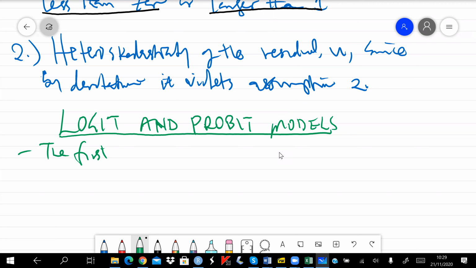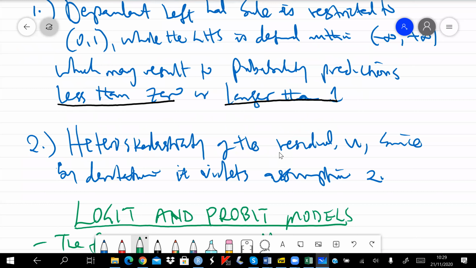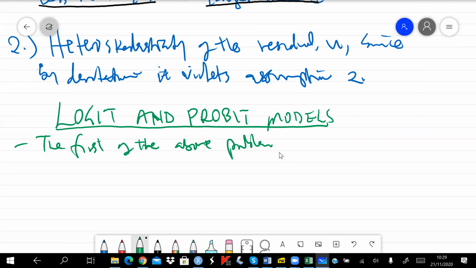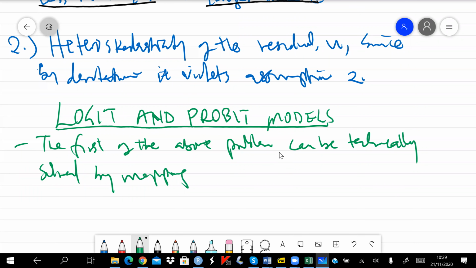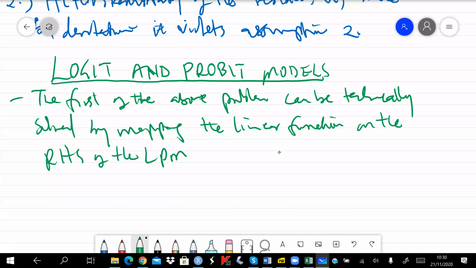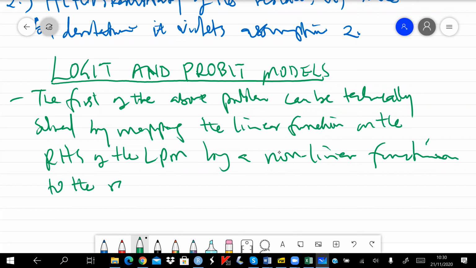We start by saying that the first of the above problems, that is number one here, can be technically and easily solved by mapping the linear function on the right hand side of the linear probability model by a nonlinear function to the range 0, 1.